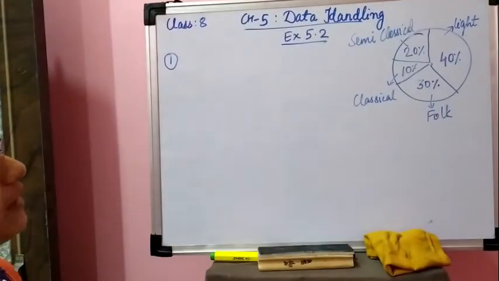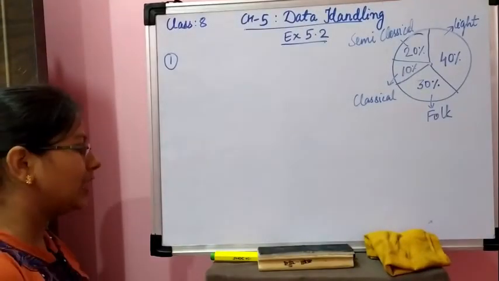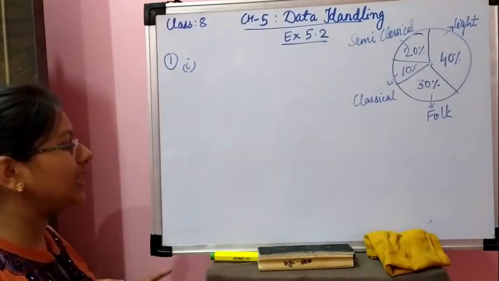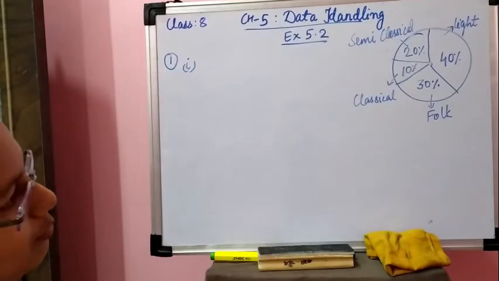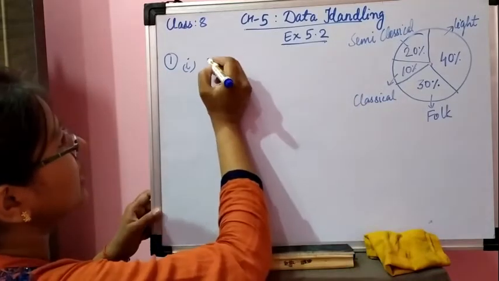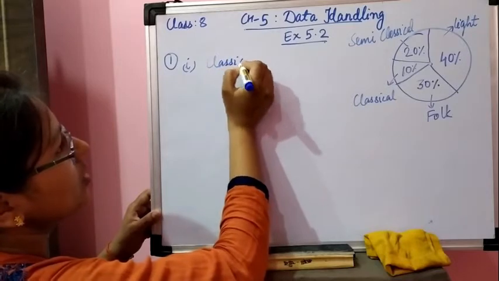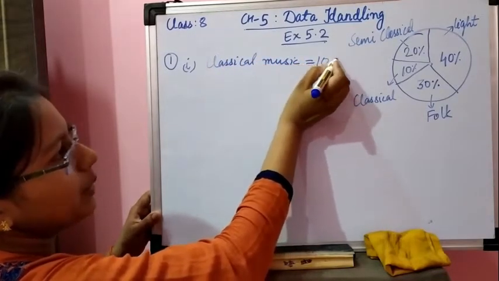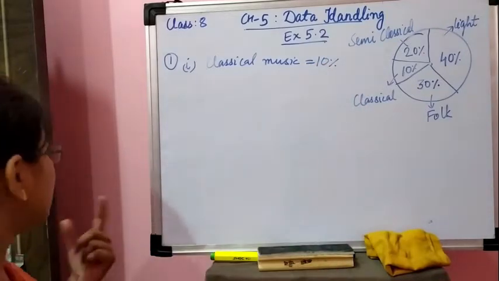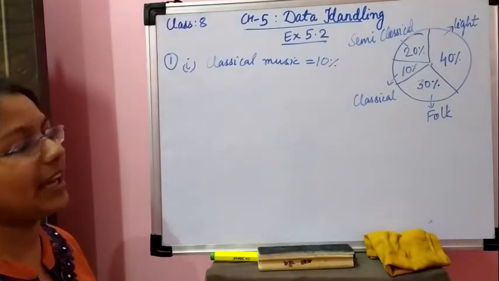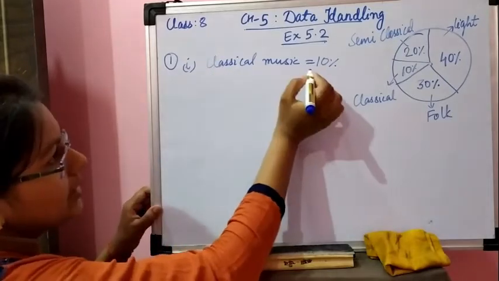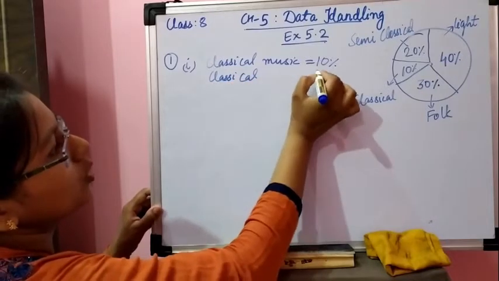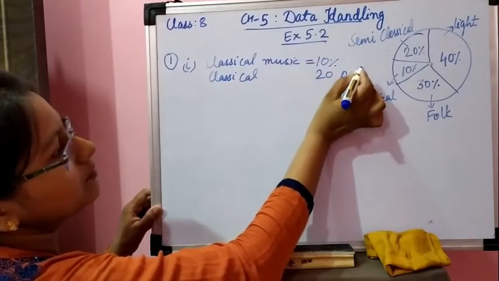From the pie chart we have to answer a few questions, in which the first part is that if 20 people liked classical music. Here we know that classical music is liked by 10% of people, and it is given that 20 people liked classical music, which means this 10% is equal to 20 people.